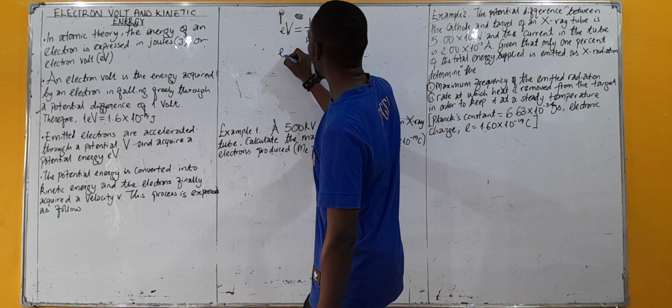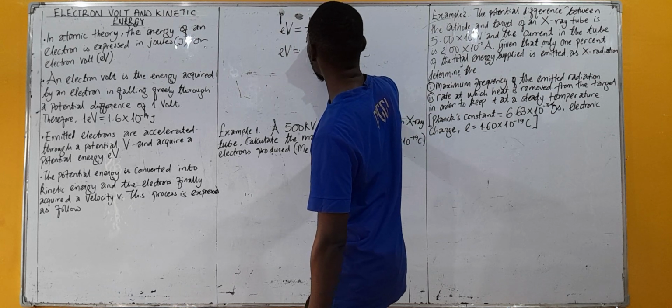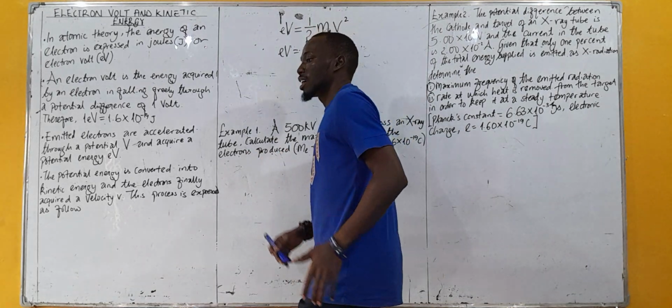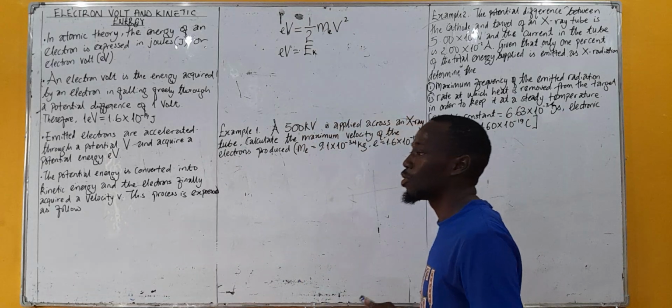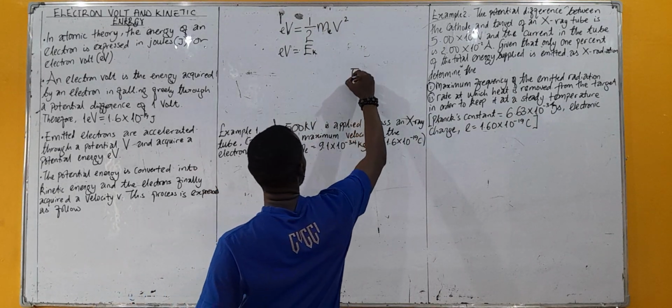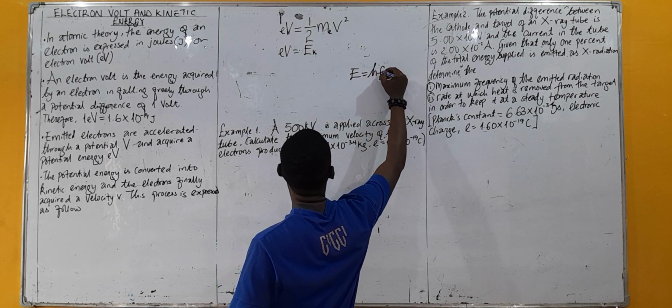So eV, from our previous video, you know that this is the same thing as the kinetic energy. And I told you from the previous video that energy is equal to Planck's constant times frequency.